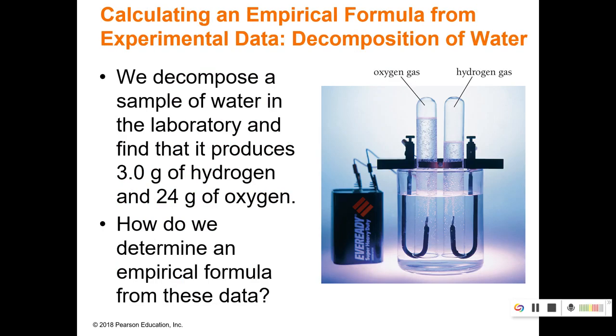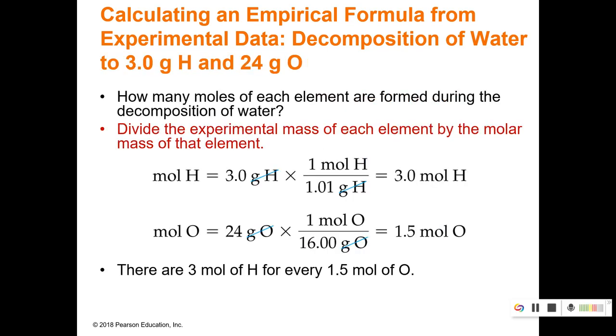So we will calculate empirical formulas from experimental data, but we'll also do it from percent composition. Step 1, actually this is step 2, but we'll get to what number 1 is in a minute.